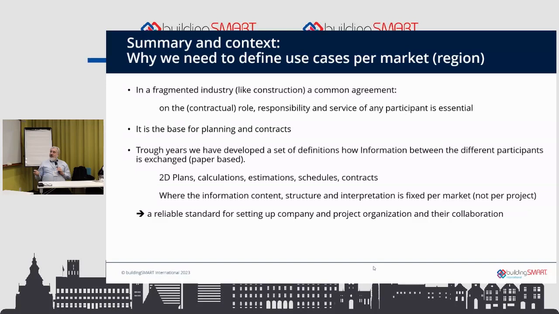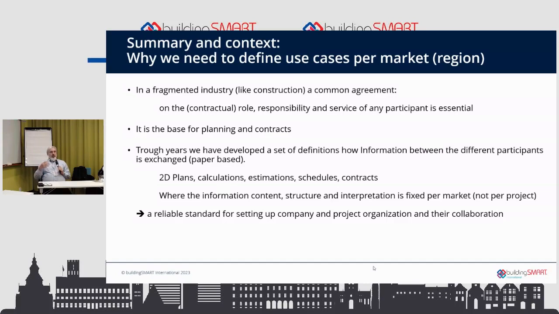So 2D plans are based on agreements on how the information is structured, how it is displayed on a 2D plan, and what it means. And if Ken in Japan is opening a plan in Japanese, he will understand perfectly well, just looking with one eye at it, what it means. And in every market, we have these things already organized.